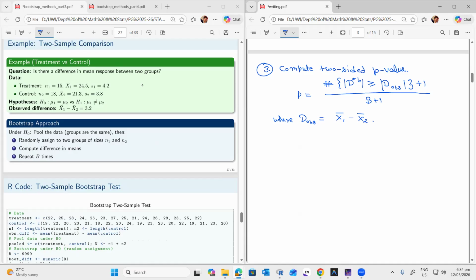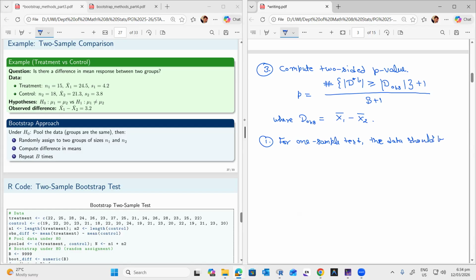First, for the one sample test, the data should be IID.